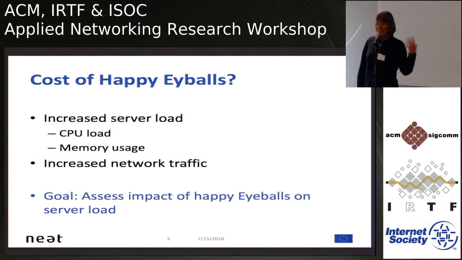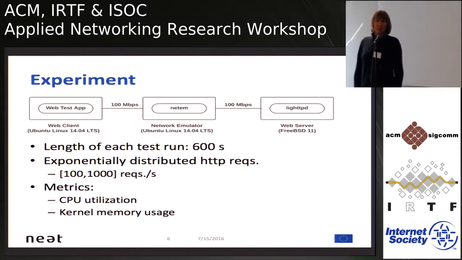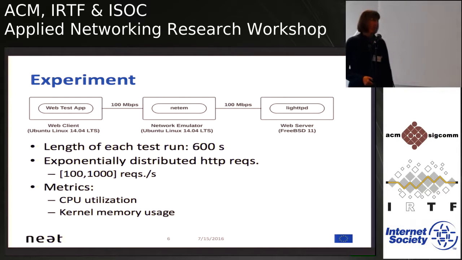So the goal of the paper that I'm presenting here is to look at this cost, and particularly from the server perspective, examining what is the cost of happy eyeballs from the server side. Next slide, please. In order to investigate this, we have set up some experiments. The setup is quite simple. We have a web server that supports both SCTP and TCP.